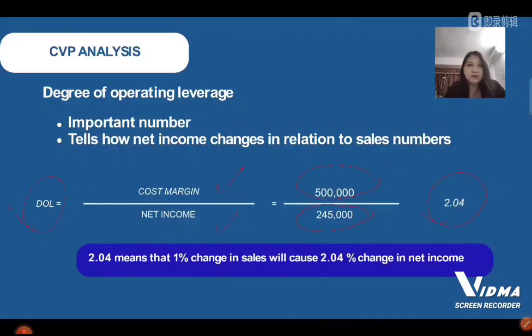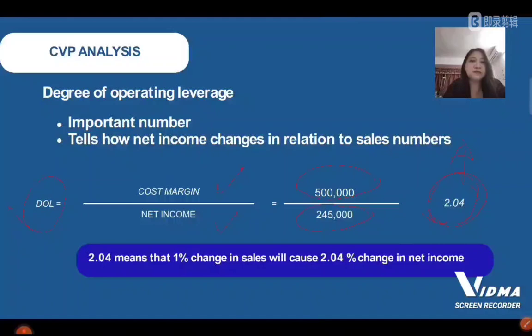Now, some people say that the higher the value, the better. But that is only if we have an increase in sales. Remember that for every 1% change in sales, this value also indicates our change in net income. So if there is an increase in sales, the higher the value, the better.